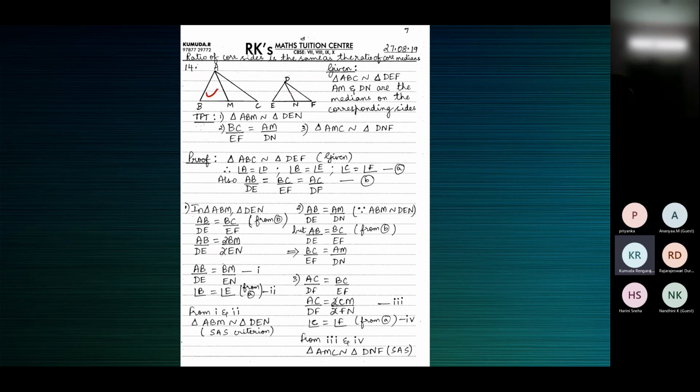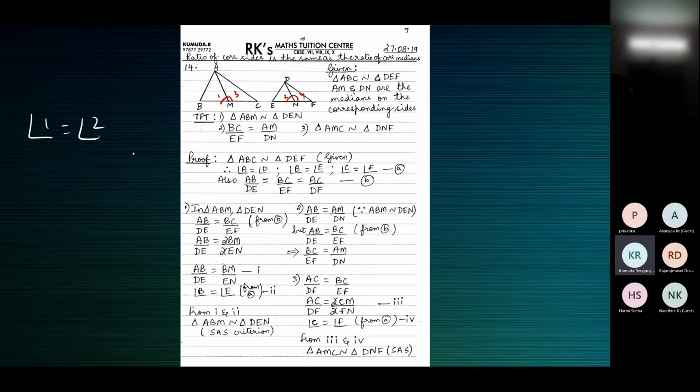Now that these two triangles are similar, this angle is equal to this angle. So 180 minus this will be this angle, so this angle is also equal to this angle. I'll just number 1, 2 here and 3, 4 here. Now, angle 1 is equal to angle 2. Why?